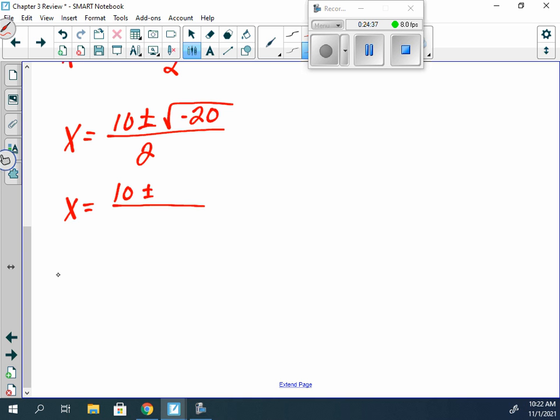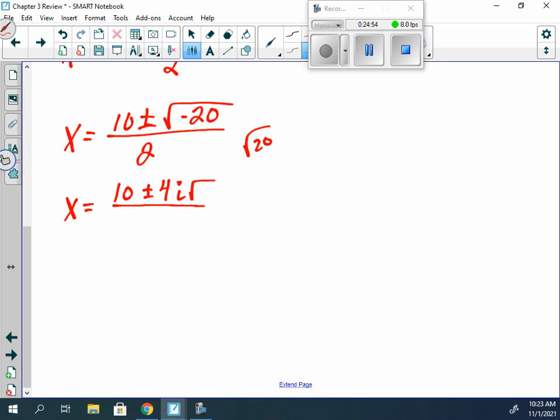Now the calculator won't simplify the square root of negative 20, but we can bring the negative out as i, which does leave us with the square root of 20, which it can do.